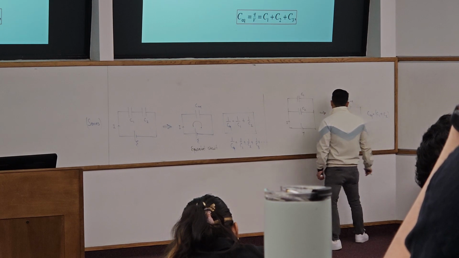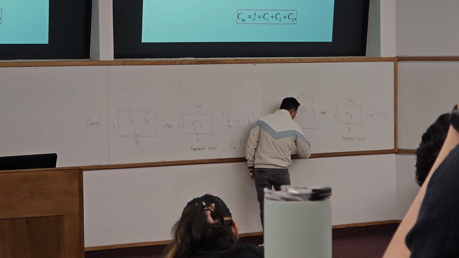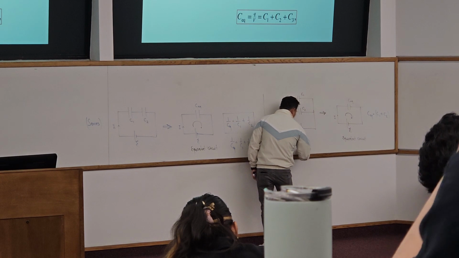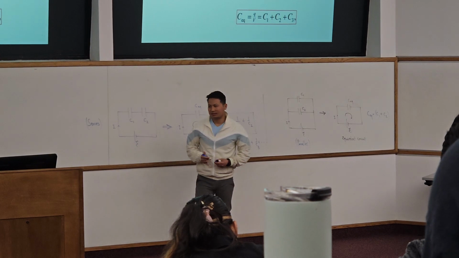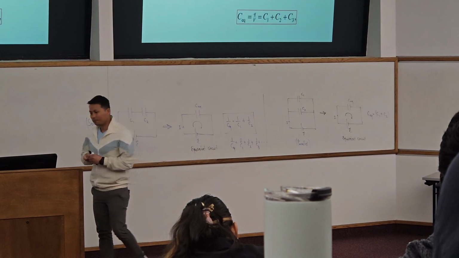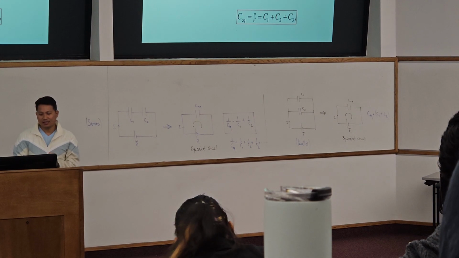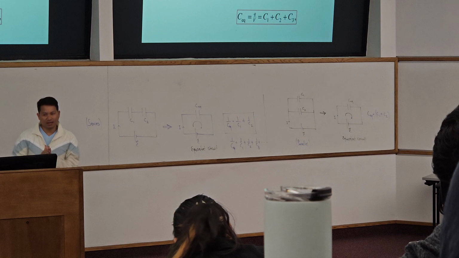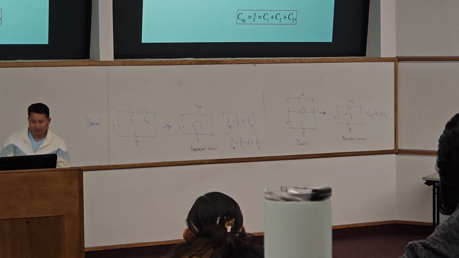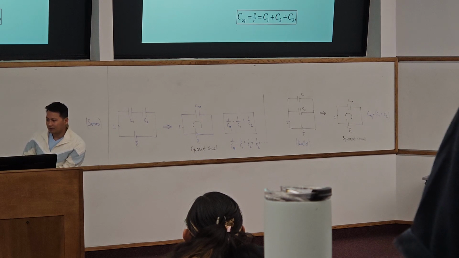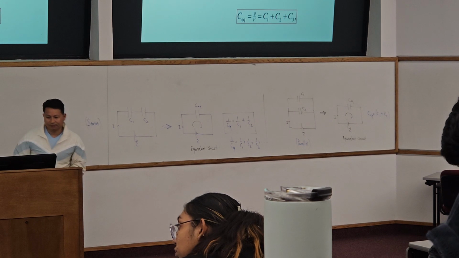In the parallel circuit, it's very straightforward to find the equivalent capacitance. We can derive this one. You can see in the slide, you can easily derive these things. We can do one of the derivations, either series or parallel, whichever you want me to derive. It's not that fancy a derivation that we cannot do it.